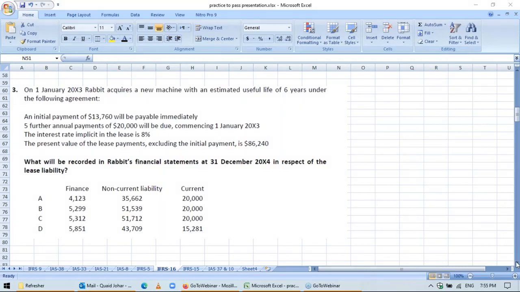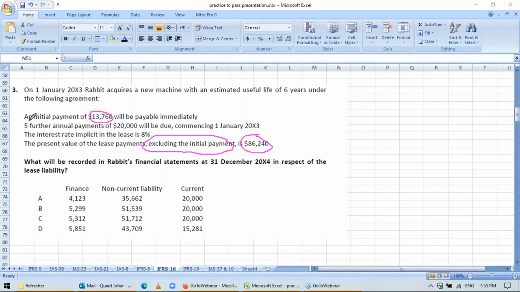In this question, question number 3, please note what's the present value. The present value is 86,240, excluding the initial payment. So they've already deducted the initial payment of 13,760 out of it.